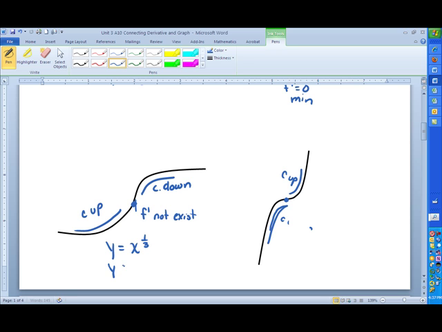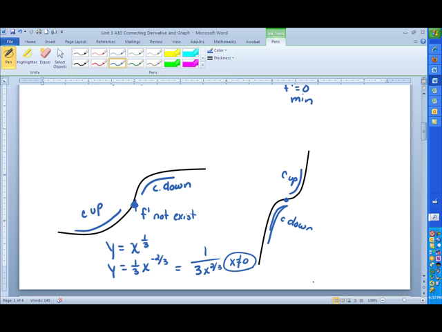If I take the derivative of that, I get 1/3 x to the negative 2/3, or 1 over 3x to the 2/3, and therefore x cannot equal 0. So there is a point here at x equals 0, which is where this point is located, that we do not have a first derivative, and therefore it does not exist, but it is a point of inflection.